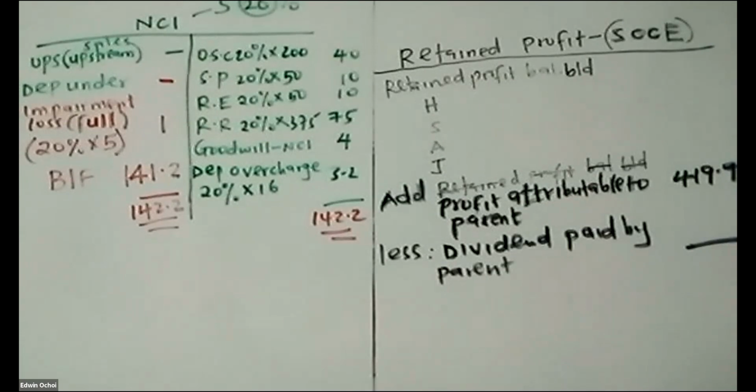So what about dividends paid by the parent? That one was direct from the question. You go to the income statement, you check dividends paid by the parent.